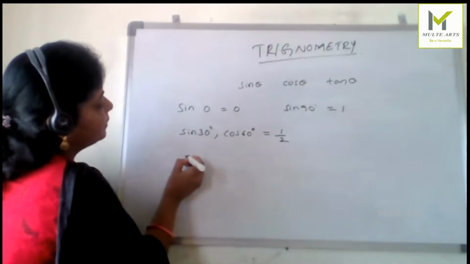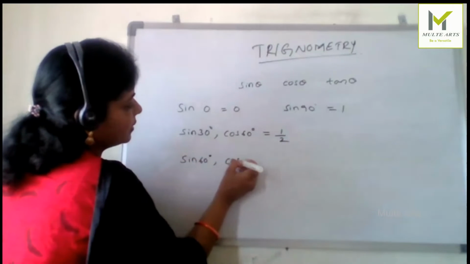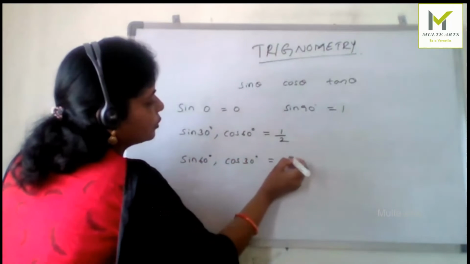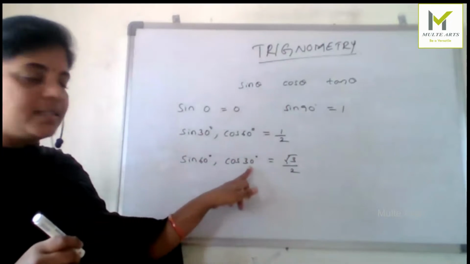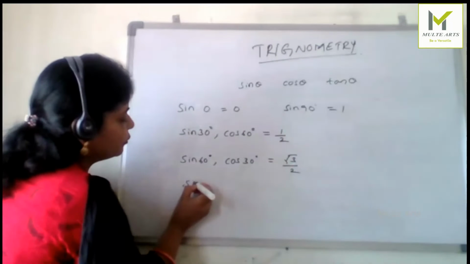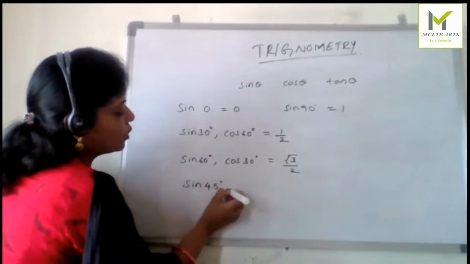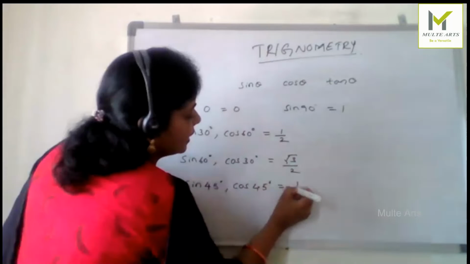And the next one will be sin 60 and cos 30, the value of sin 60 degrees and cos 30 degrees will be root 3 by 2. And the next one will be sin 45 degrees and cos 45, which will always be the same, that is 1 by root 2.